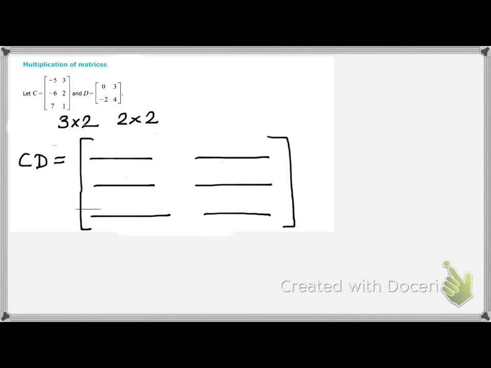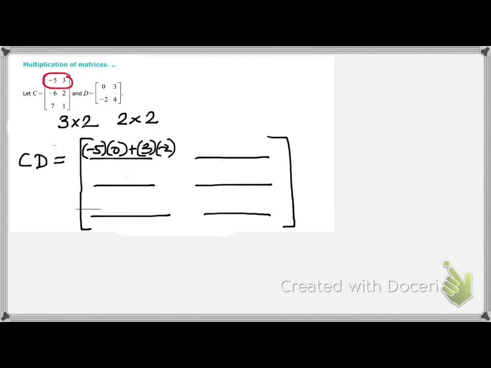And the process that was introduced before for matrix multiplication applies here to fill in this one, which is the first row, first column. I use the first row and the first column. So that will be -5 times 0 plus 3 times -2.